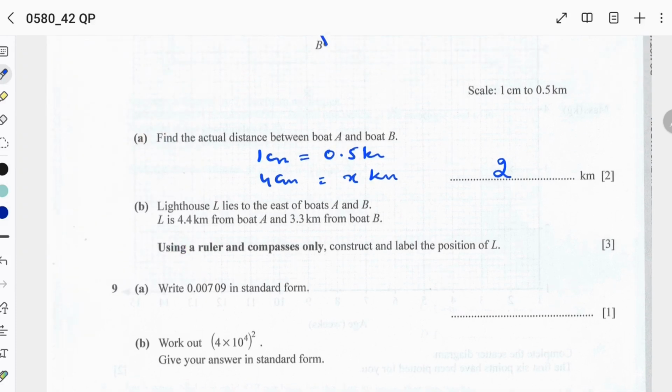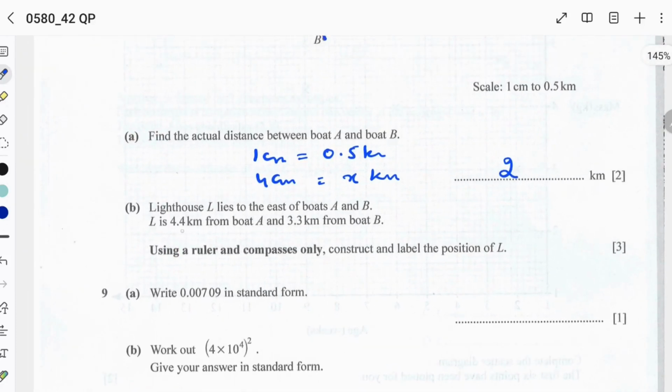It is given that 4.4 kilometers from boat A, it means times 2, so it will be 8.8 centimeters from A, and 3.3 kilometers from boat B means 6.6 centimeters from boat B.